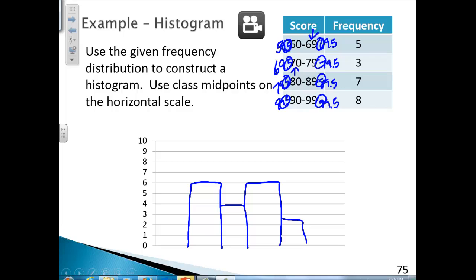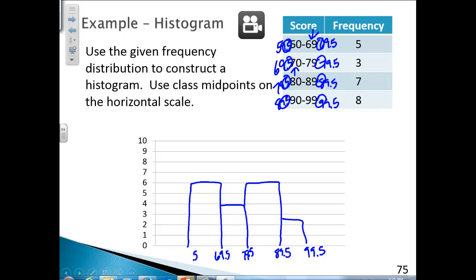Okay, so labeling those, we would label lower class boundary 59.5. The next one would be 69.5, and then 79.5, and then 89.5, ending with an upper class boundary on that last one of 99.5. Notice there were 4 classes, but 5 class boundaries. 5 total class boundaries. So keep that in mind when you're dealing with class boundaries.